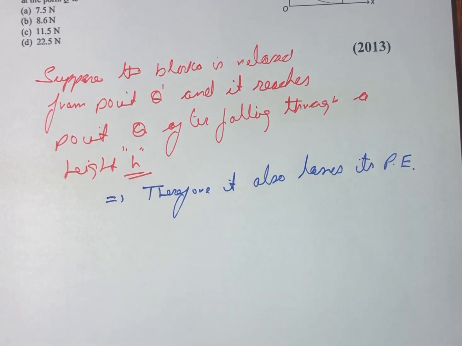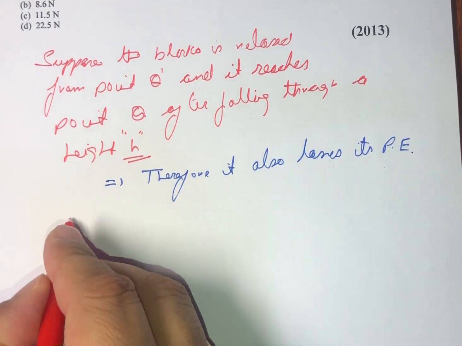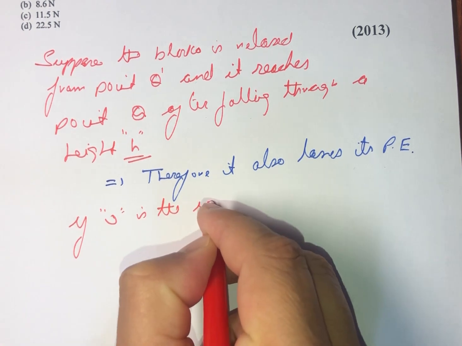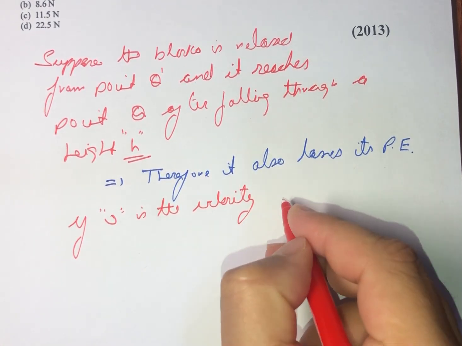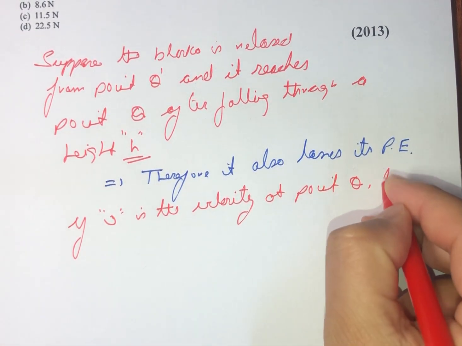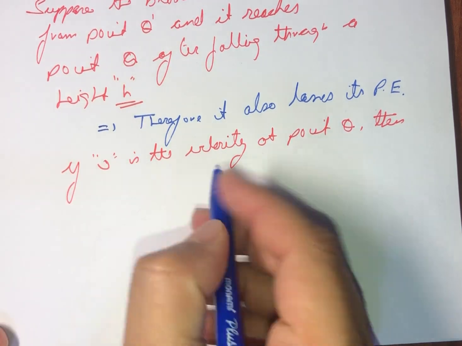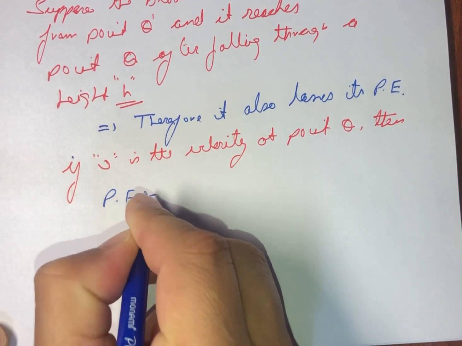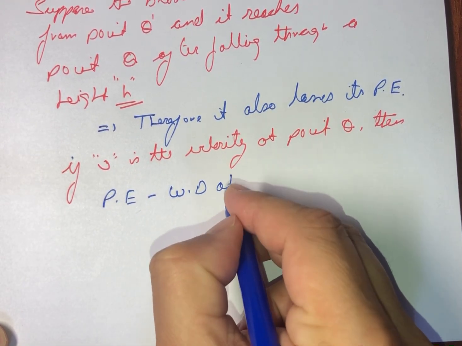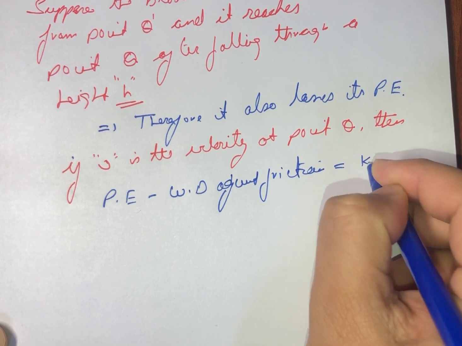And we assume v is the velocity at point Q. Then we can write the equation that potential energy minus work done against the friction will be giving us kinetic energy.